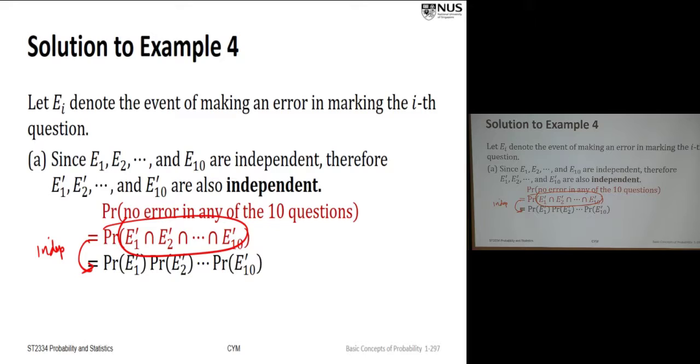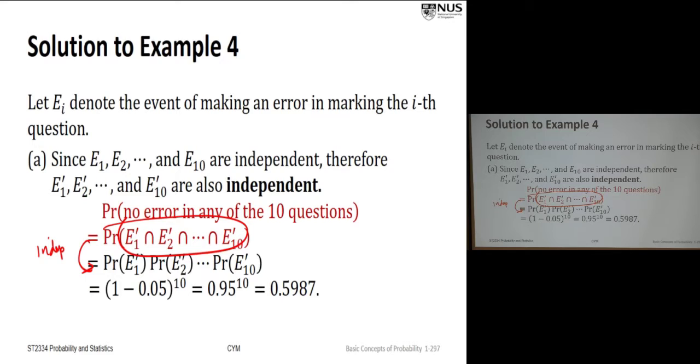But for this question, we are told, so we don't have to worry about it. The marking of these are independent. So we just multiply them. So we get the answer. The answer is 1 minus the probability of marking it wrongly, raised to power 10. So this is the answer.